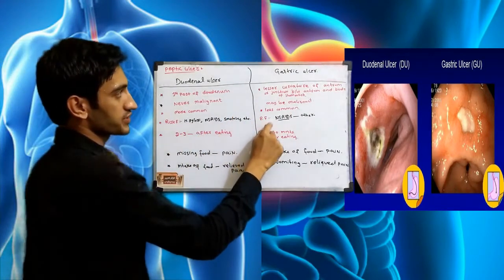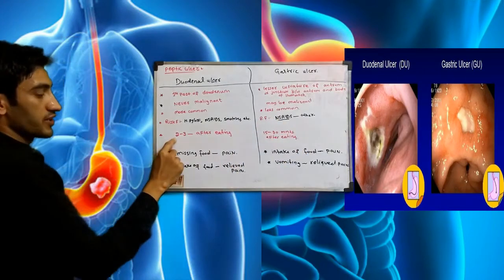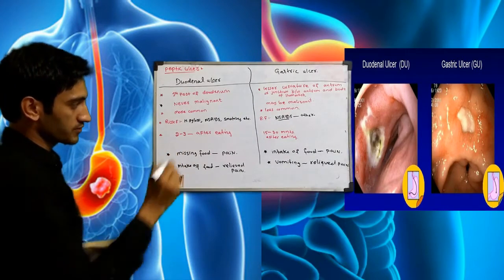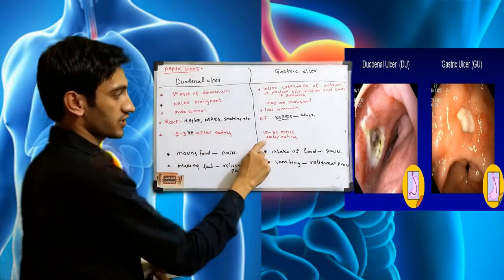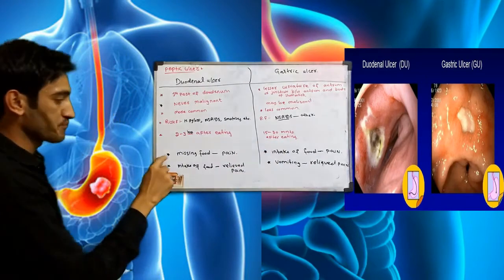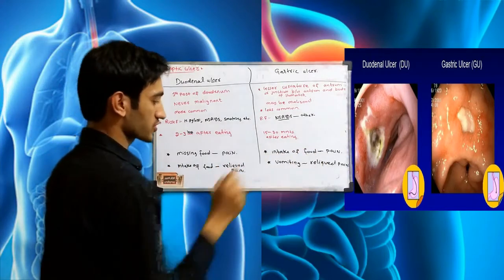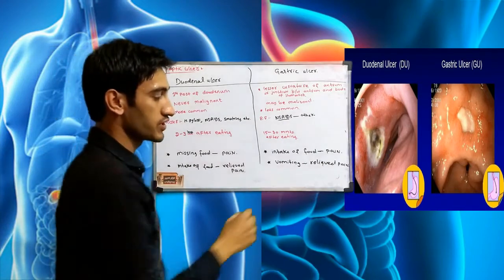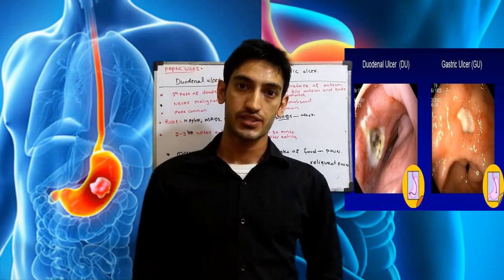Here the important risk factor is NSAIDs. Here the patient will feel the pain 2 to 3 hours after eating. But here in gastric ulcer, 15 to 30 minutes after eating. Here missing of food will cause the pain. Here intake of food will cause the pain. Here intake of food will relieve the pain. Here vomiting will relieve the pain. So these are the differences between duodenal and gastric ulcers.